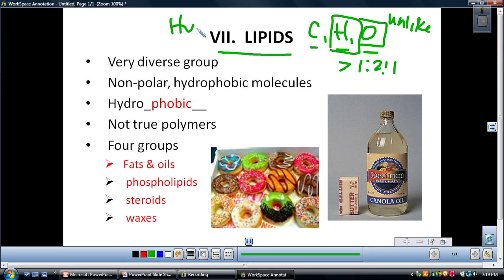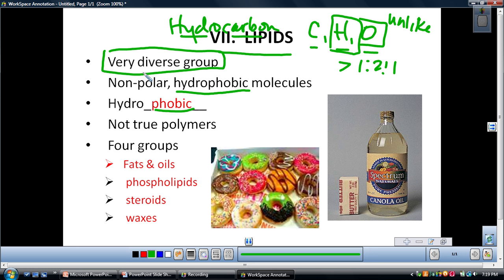If you remember that term from the beginning of chemistry, a hydrocarbon is one that contains a lot of hydrogens and carbons and therefore tends to be nonpolar, giving it the hydrophobic ability, which means it does not like water. It tends to separate out, which I'm sure you've seen if you've ever seen oil and water, like in Italian salad dressing.